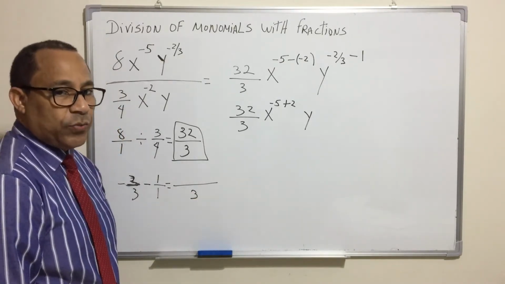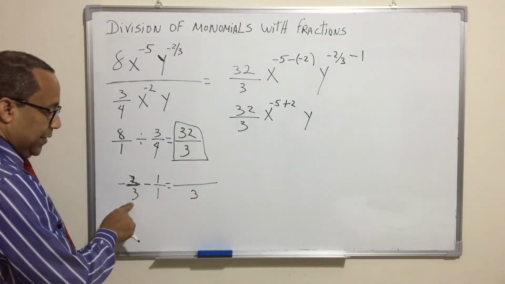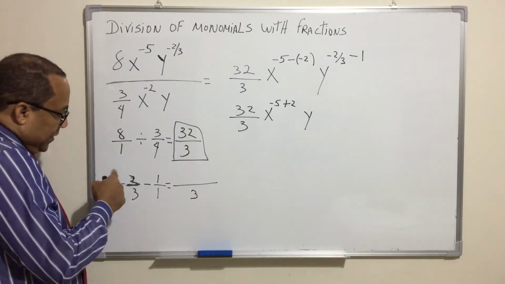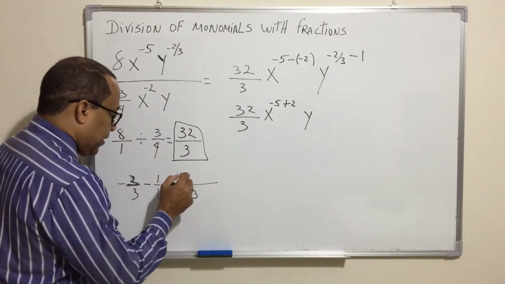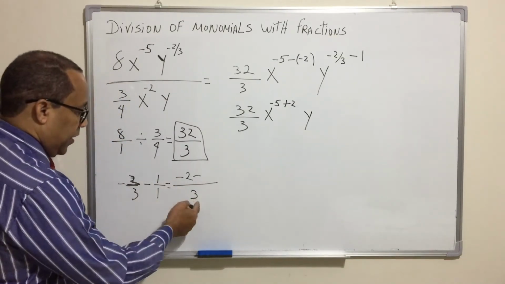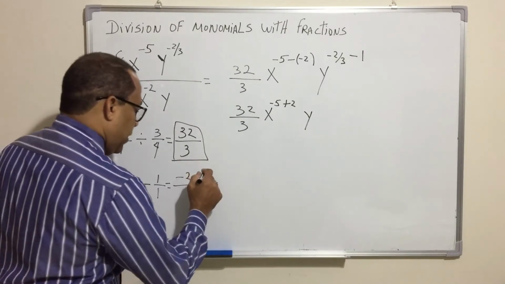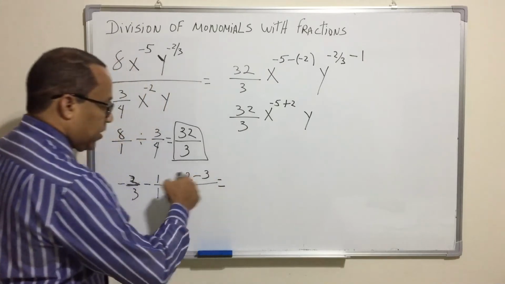And the process that we know: 3 divided by 3, 1. 1 times negative 2, negative 2. Minus. 3 divided by 1, 3. 3 times 1, 3. And then I solve the numerators.